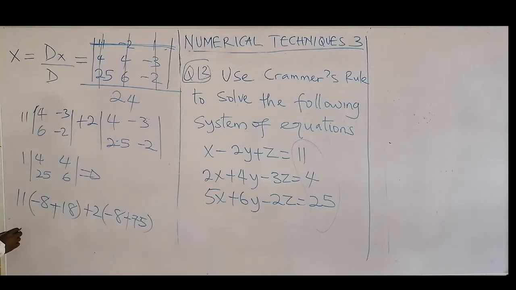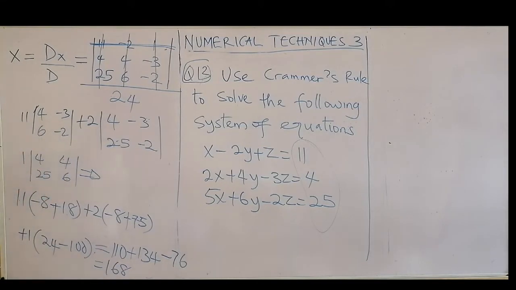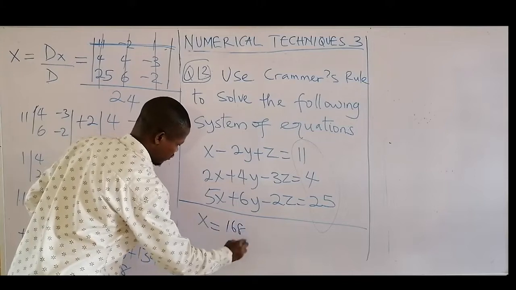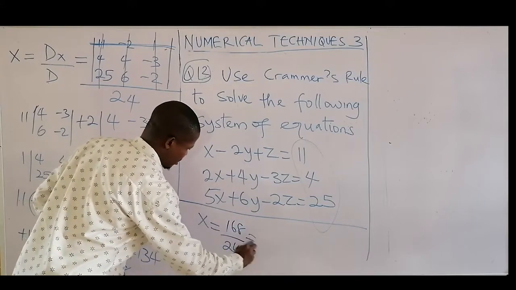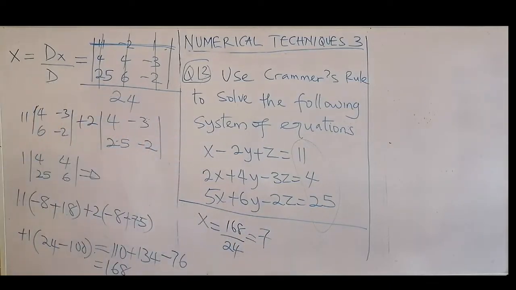And finally, plus 1 into bracket: 6 times 4, 24, and then minus 25 times 4, that's 100. So we have 168. Therefore, the x value is 168 over 24, and that will give us 7. So that's the x value.